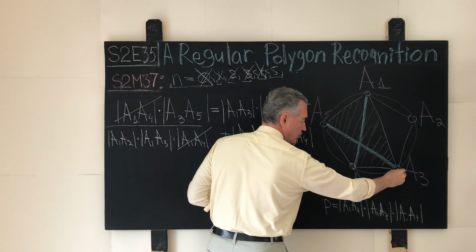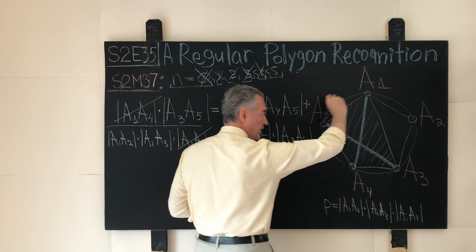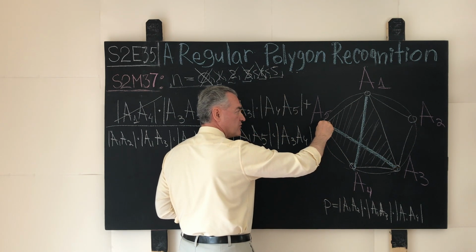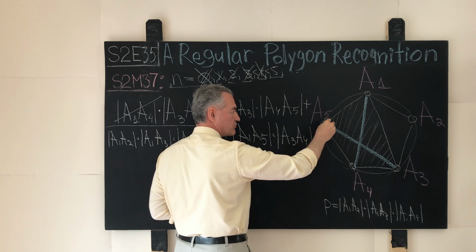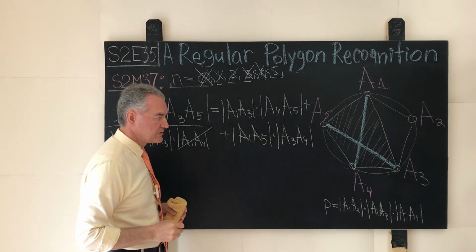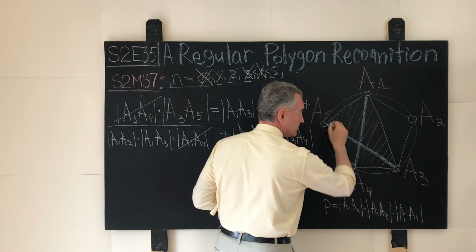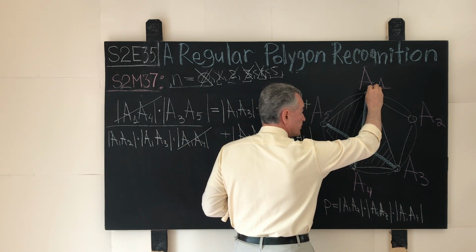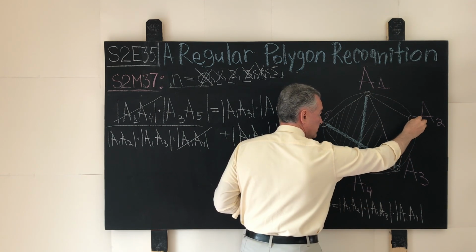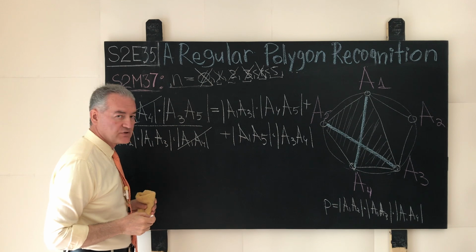In other words, to get from A3 to A5, if we were to walk over the periphery of the parent circumcircle, we'll first see the vertex A4, then we will arrive at the vertex A5, and conversely, if we travel from the vertex A5 to the vertex A3, we will visit the vertex A4, but the distance A5, A3, and A3, A5 is precisely the same as the distance between the points A1 and A3, because again, this distance hops over, so to speak, through this vertex A2 of our regular pentagon.